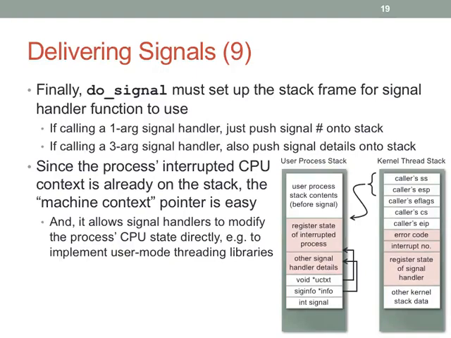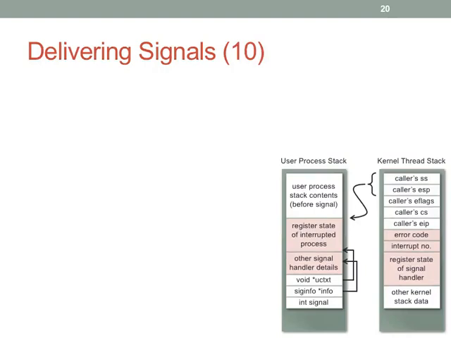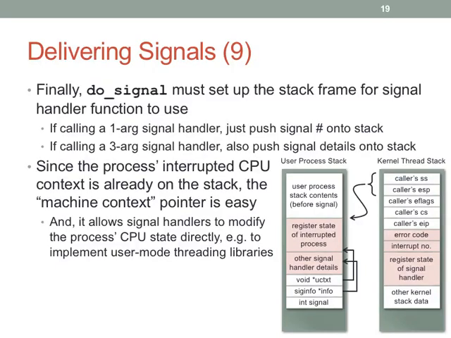So boom, now we can easily build user threading libraries and so forth. It's really straightforward to do this stuff. I should ask, are there any questions, or is everybody following along? It's a pretty neat mechanism. We've given the machine context to the user process if it wants to, simply by copying that context to the user process stack before we do our signal dispatch.